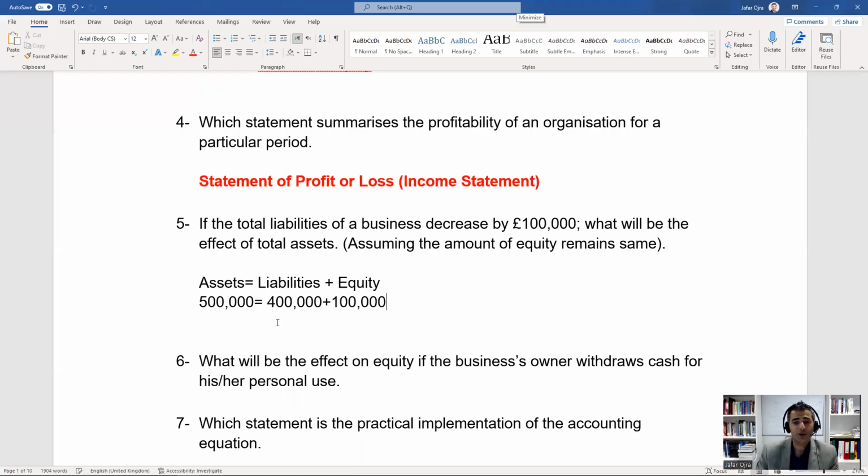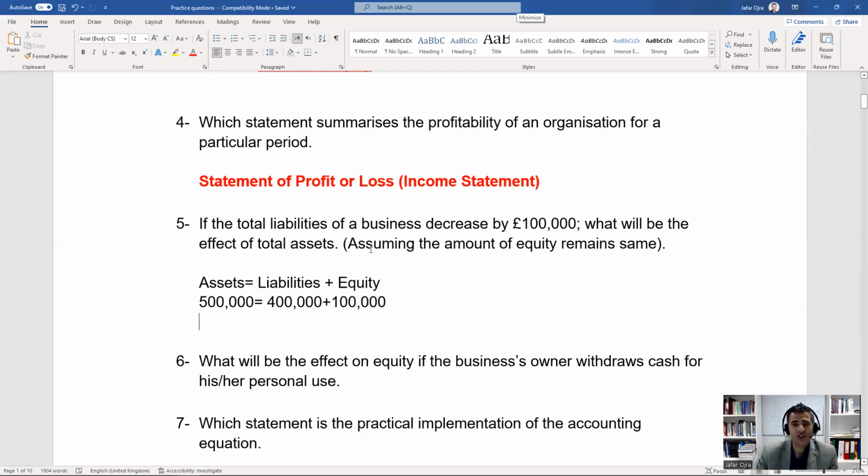Right. So here we go. We're just making up some numbers, right? So assets equal liabilities plus equity: assets £500,000, liabilities £400,000, equity £100,000. The question tells you equity doesn't change. It stays £100,000.